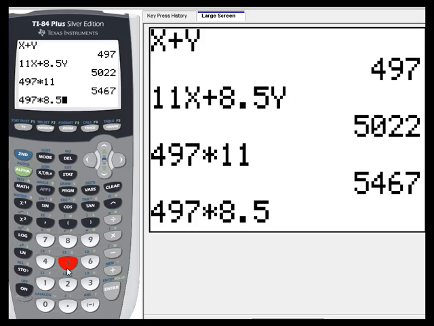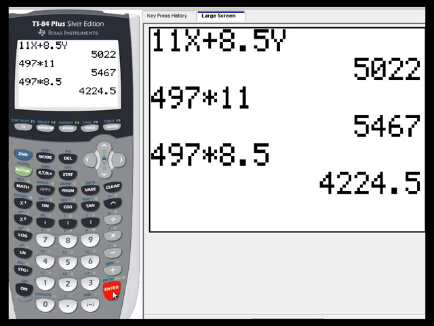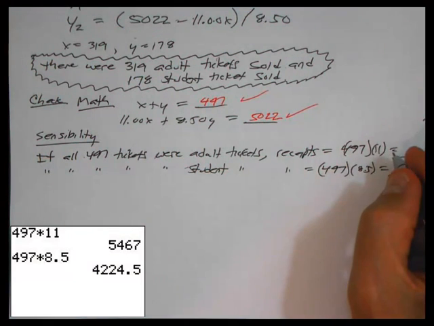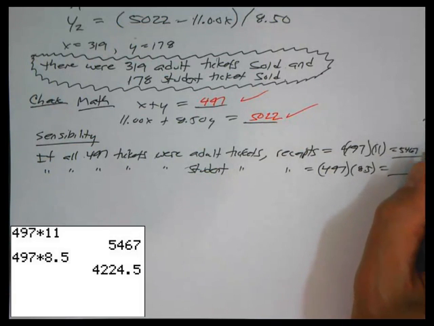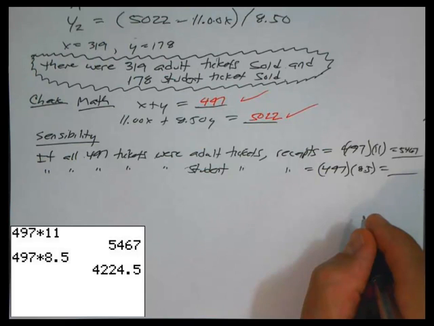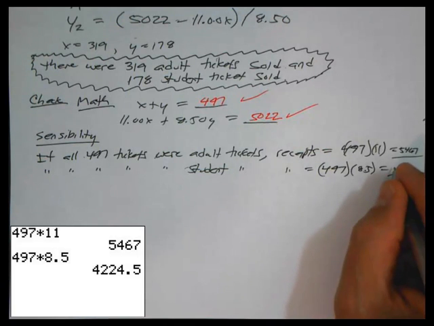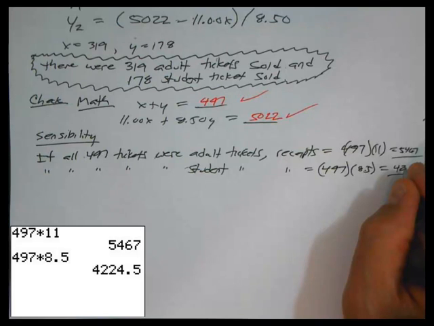And enter. Okay, let's put these numbers down on our paper. So we've found that in the all adult ticket sale case, we have 5467. In the all student ticket sale case, we'd have 4,224.5.